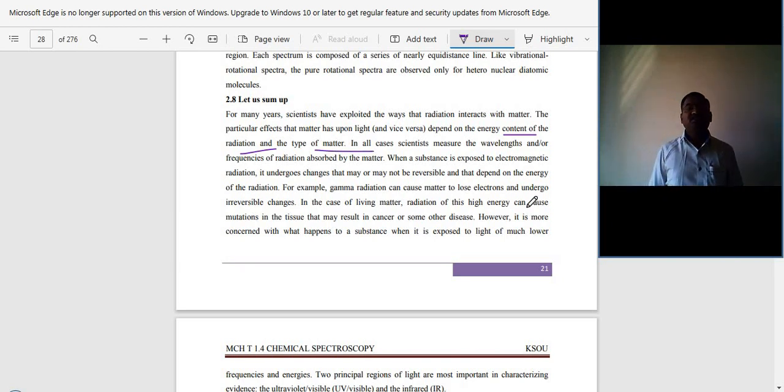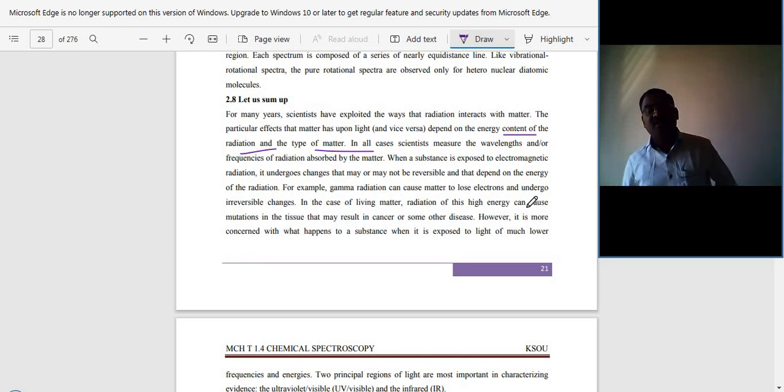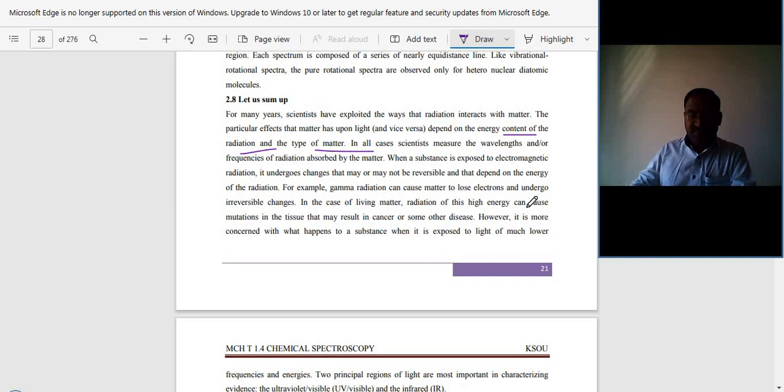In all cases, scientists measure the wavelength of radiation, and matter undergoes changes that may or may not be reversible, depending on the energy of the radiation.